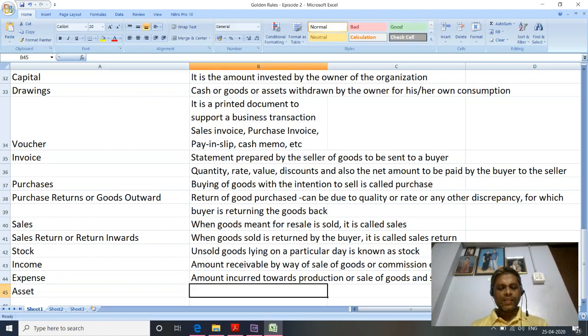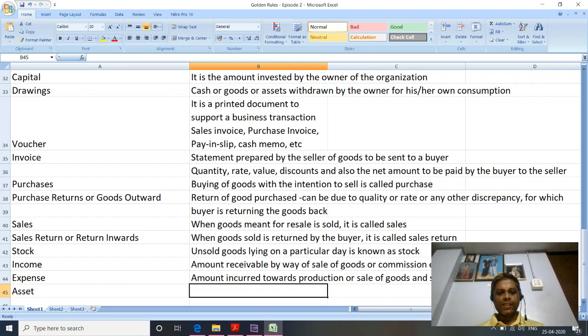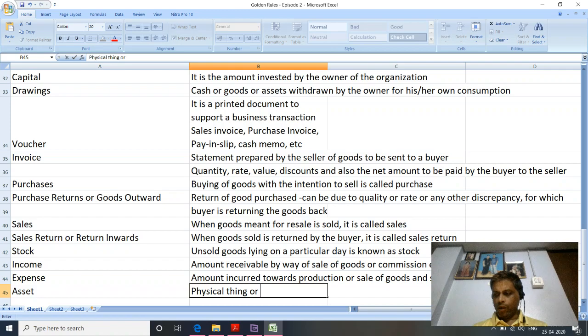We have seen in one of our earlier episodes, an asset is something which is used for generation of income in future. A physical thing or right owned that has monetary value is called asset.